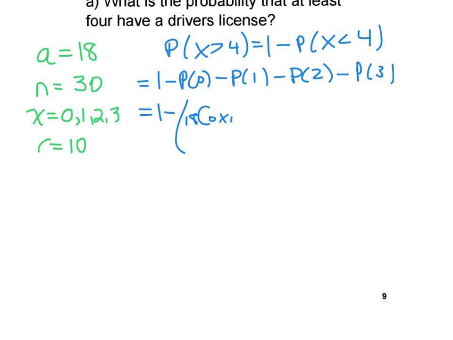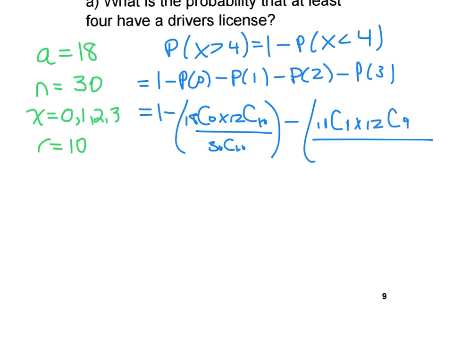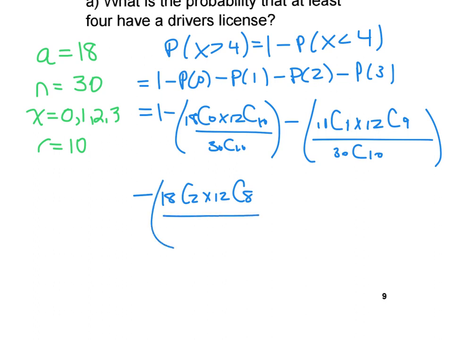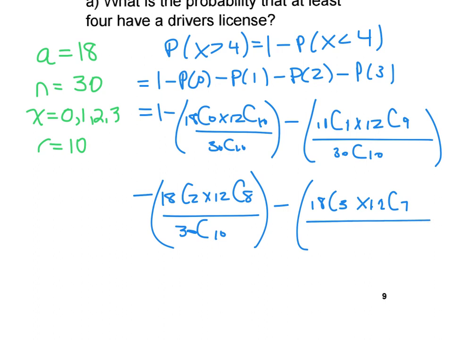18 choose 0, times 12 choose 10, over 30 choose 10, minus 18 choose 1, times 12 choose 9, over 30 choose 10, minus 18 choose 2, times 12 choose 8, over 30 choose 10, minus 18 choose 3, times 12 choose 7, over 30 choose 10.